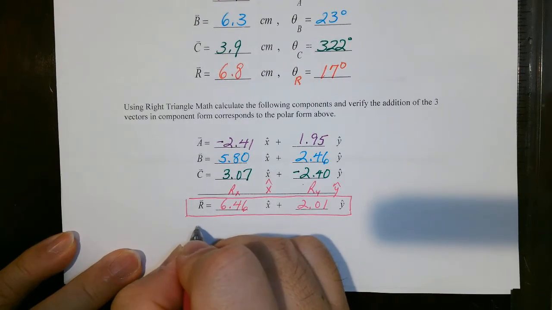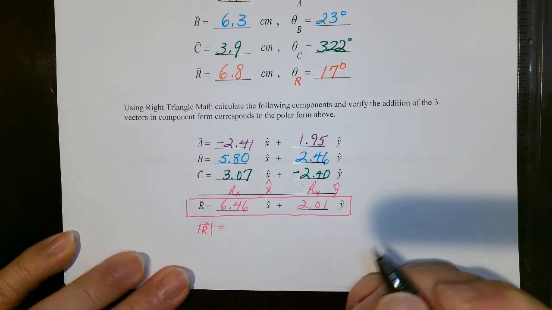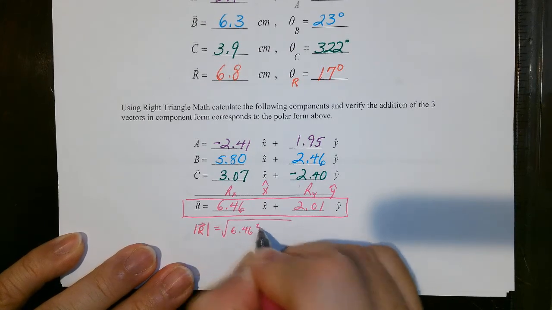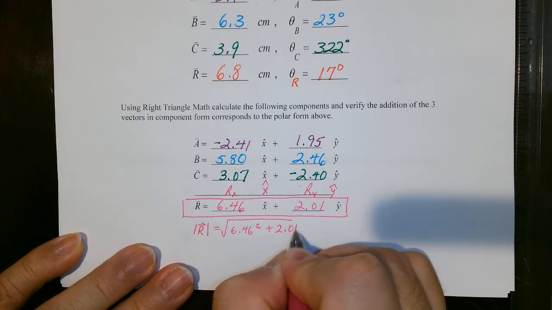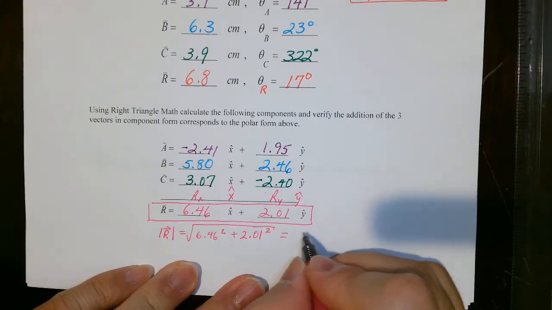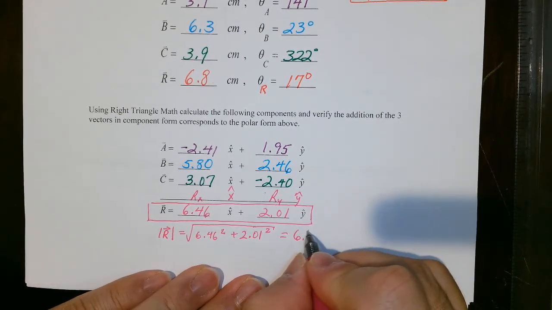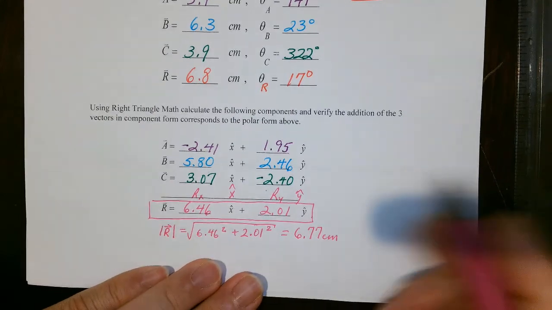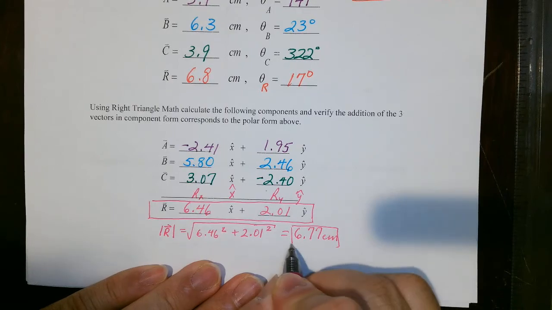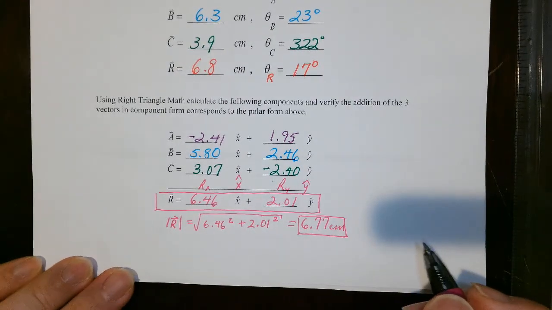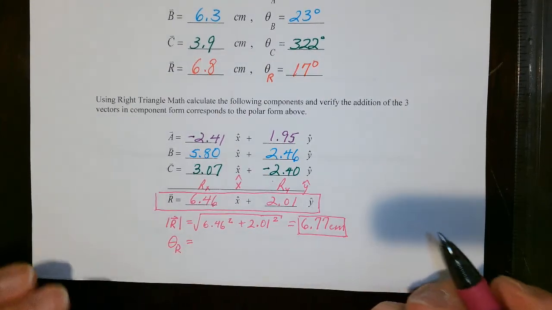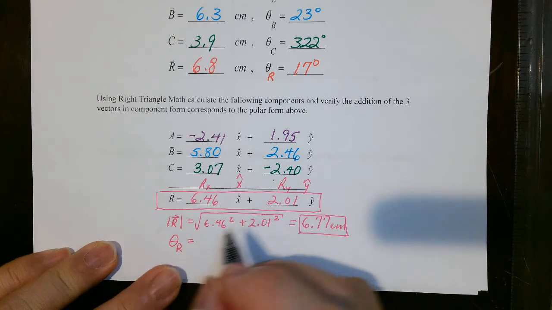But let's see what happens if you were to find the magnitude of that calculation. That is the square root of 6.46 squared plus 2.01 squared. And if you work that out, I think you get something like 6.77 centimeters, which looks very close to 6.8, right? The theta R and your beta R are the same because it's in the first quadrant.